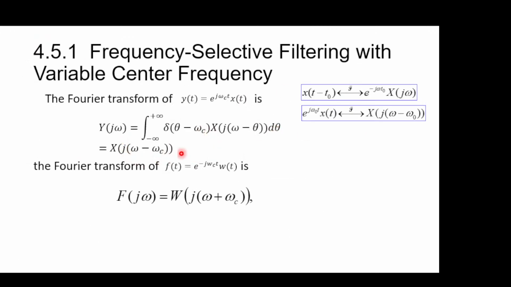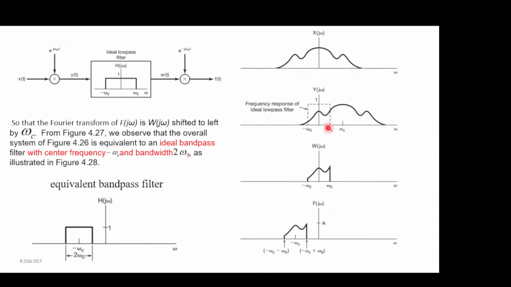So this omega minus omega c is actually a delay, and you shift everything to the right by omega c. Then you apply a low pass filter, you are left with something like this, and then finally you shift omega c back.